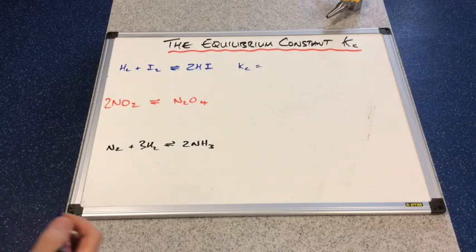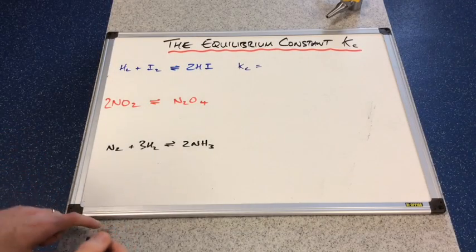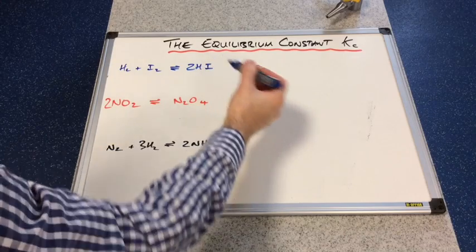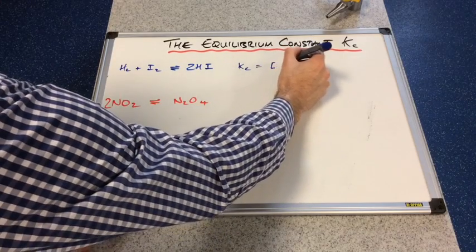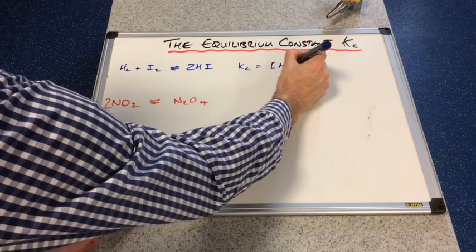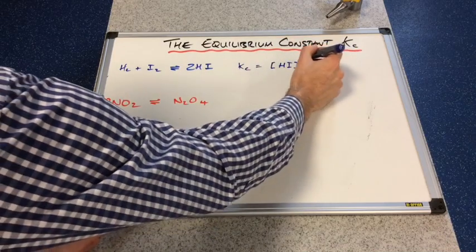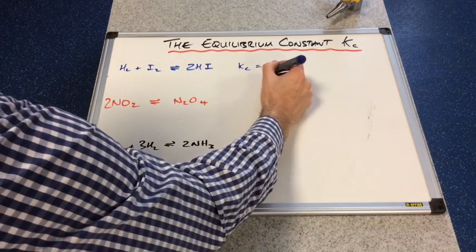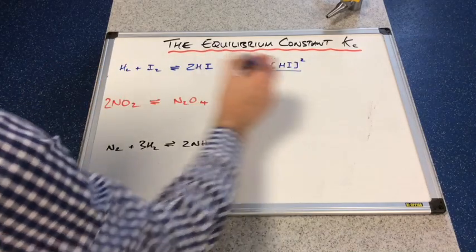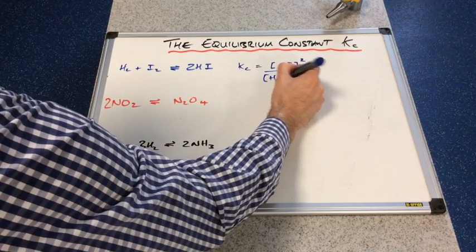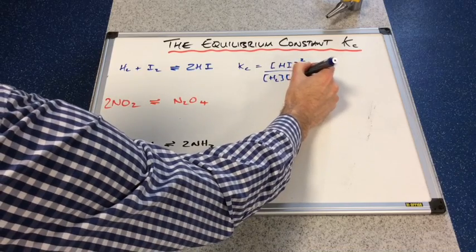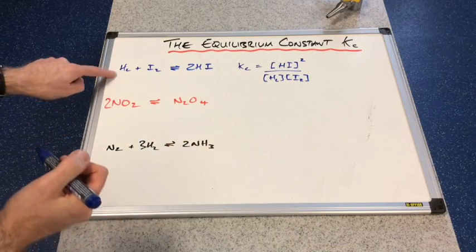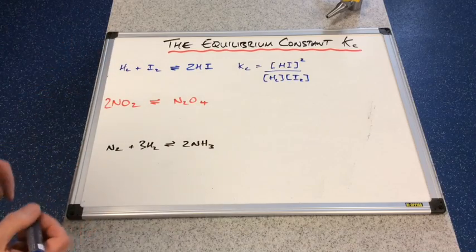So the first one, the H2 + I2 ⇌ 2HI, so it's going to be the equilibrium concentration of the product. So square brackets, HI raised to the power 2, all over equilibrium concentration of the reactants. So it's H2 multiplied by I2. No powers here because there's no balancing numbers in front.